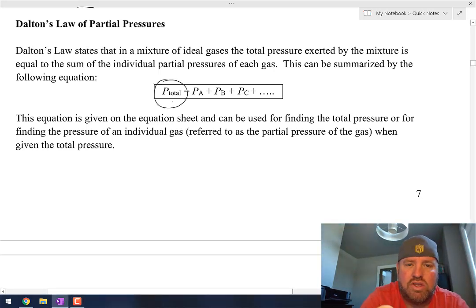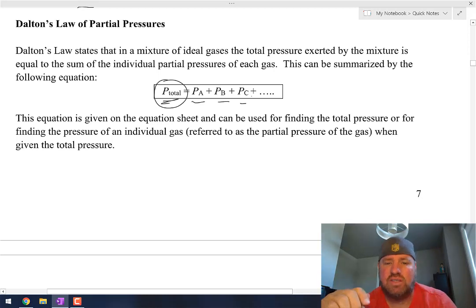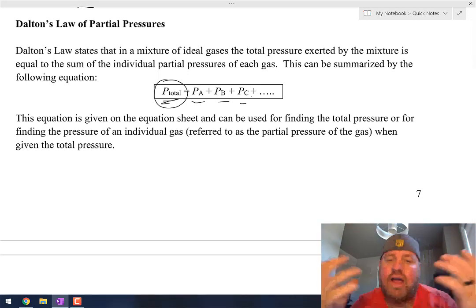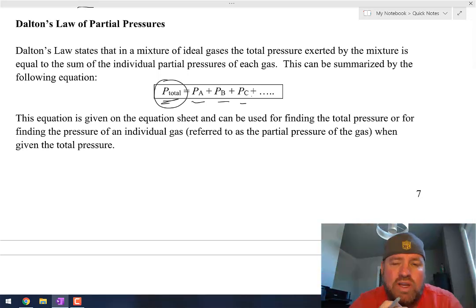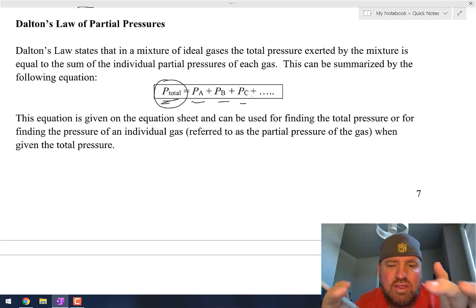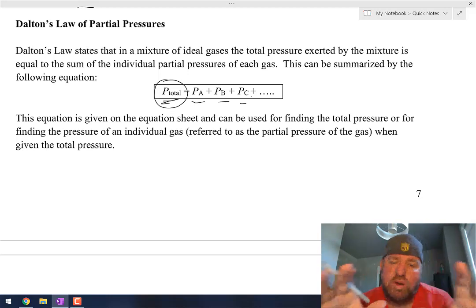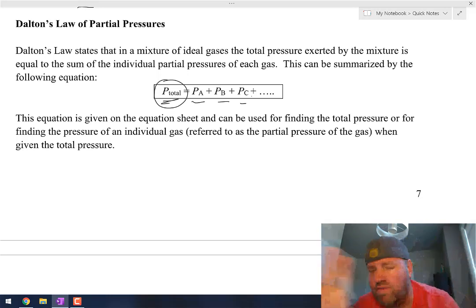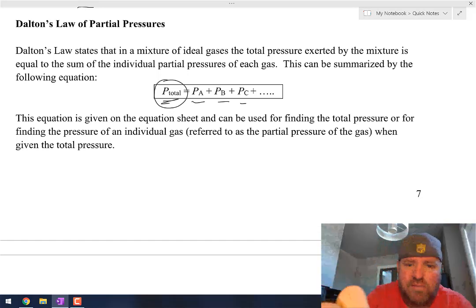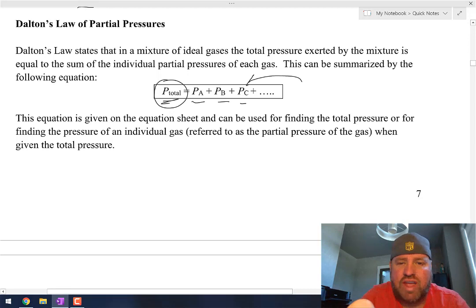So the P total here is the total pressure by taking the individual pressures of each of the gases and adding them together. Because again, remember that we act like the gases don't take up any space, and so when a gas is in there with other gases, when we're talking about just the oxygen, we don't even consider the other gases.